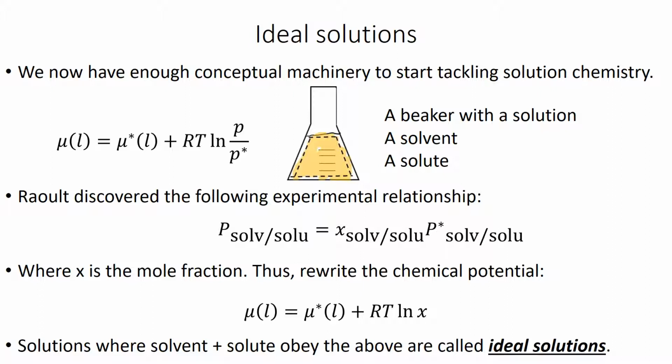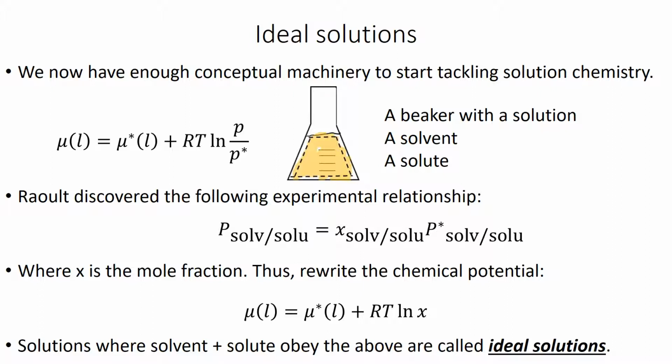This is something that was just observed to be true. Now, it's not true in general, as we'll find out, but for systems where solutes and solvents have similar chemical structures, this is the relationship that was observed. With this equation, you can rewrite the chemical potential by doing a very simple substitution.